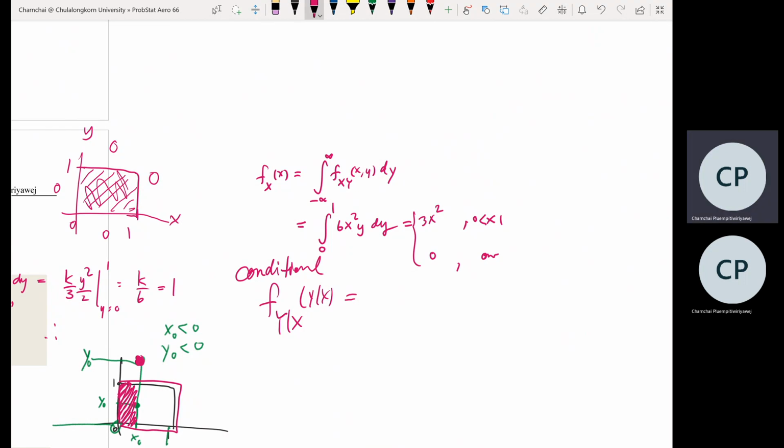It's the joint f(x,y) divided by the marginal x. Okay, the marginal x.